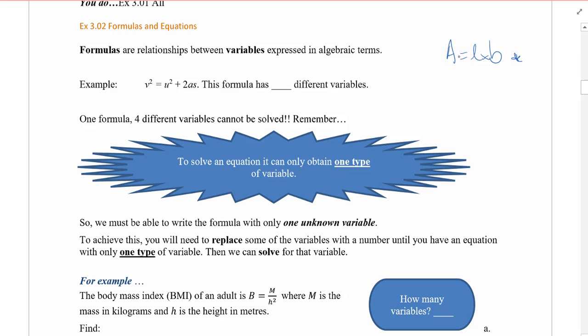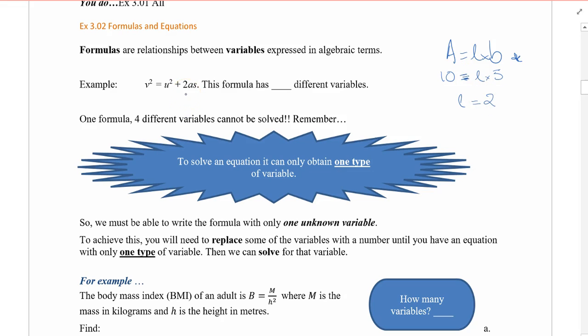We also know that it would be possible to get the length if we knew the area was 10 and the breadth was 5. In that situation, we know two pieces of information and we've created an equation with just one variable, or unknown, or pronumeral, and we can solve it and find that L would be equal to 2.